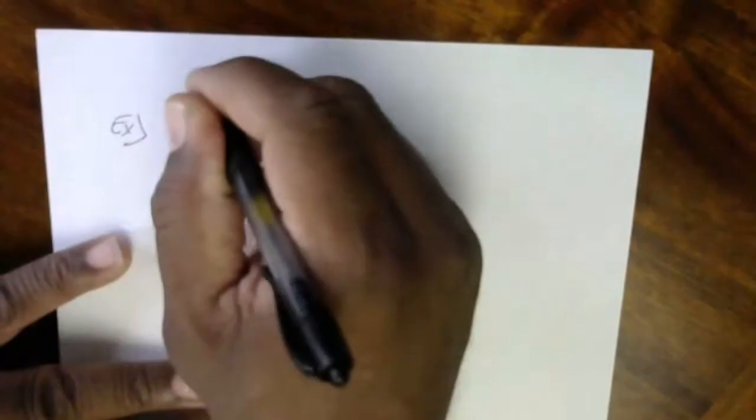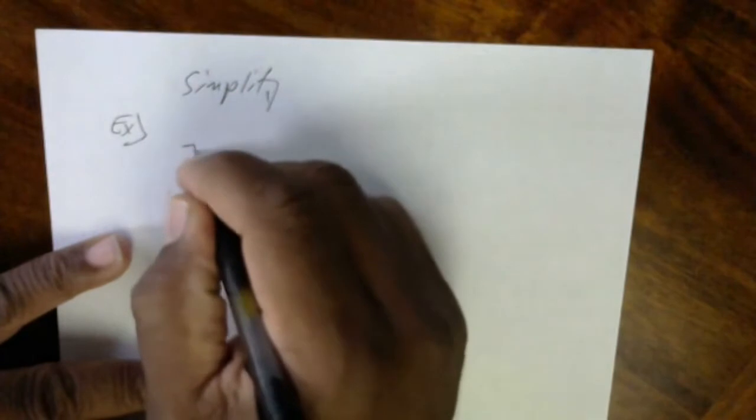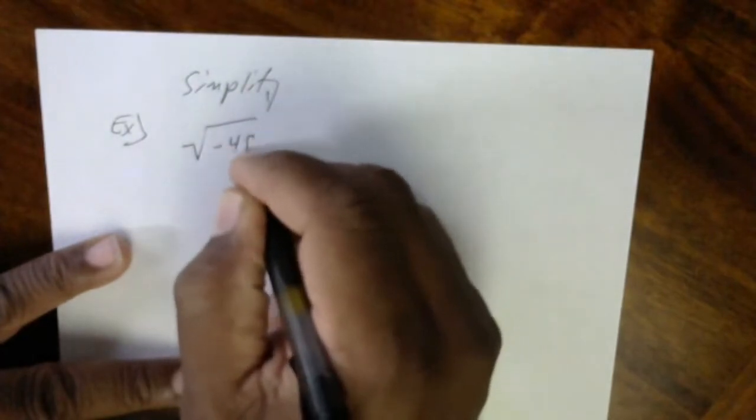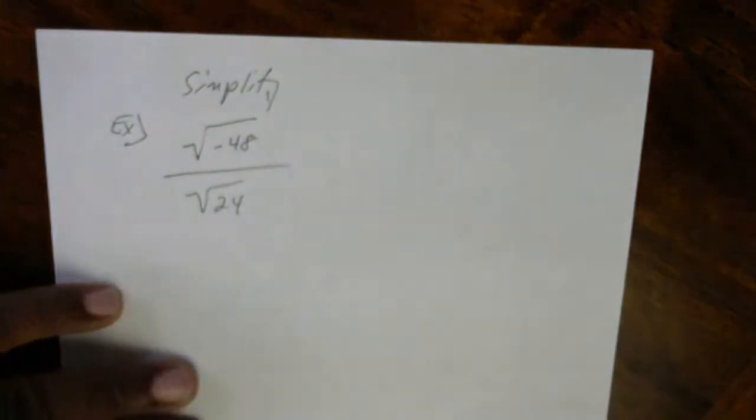All right, there was another example, and we were asked to simplify the square root of negative 48 divided by the square root of 24.